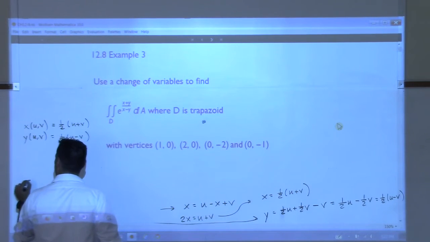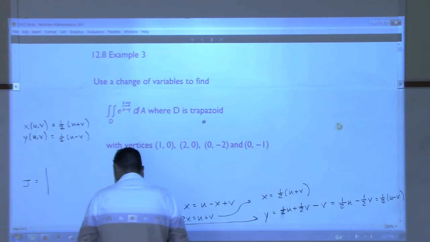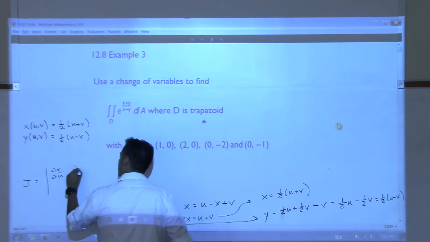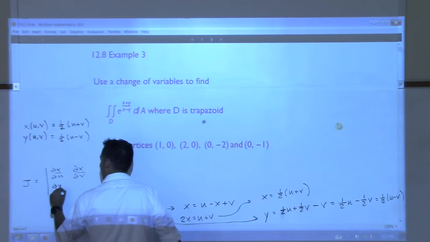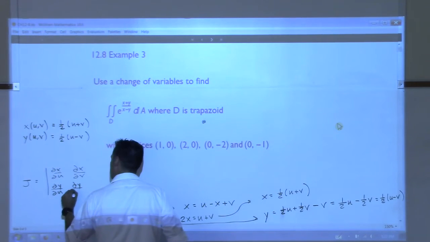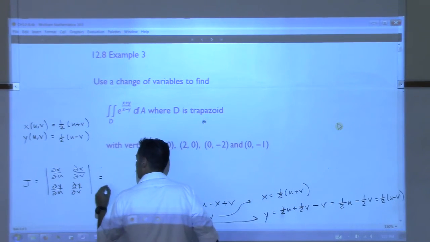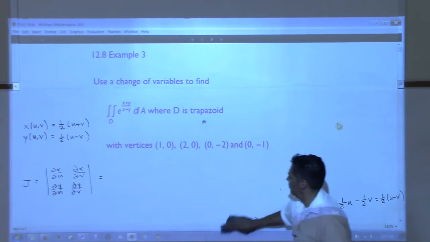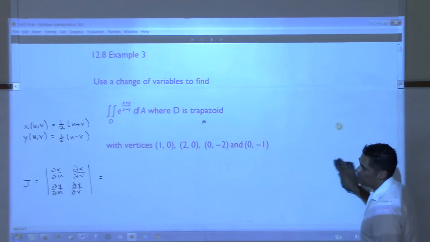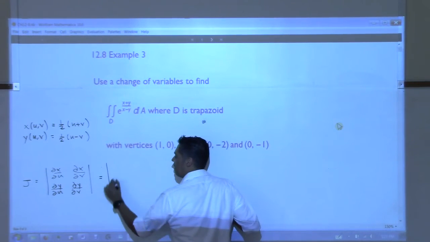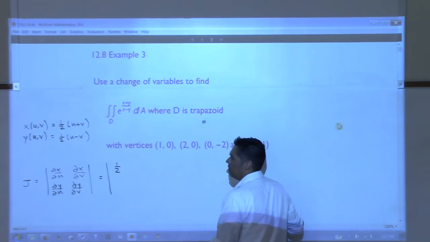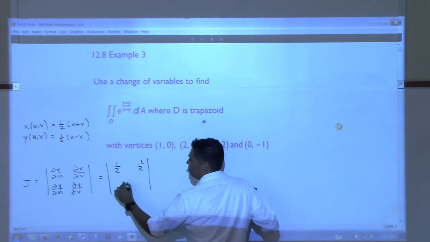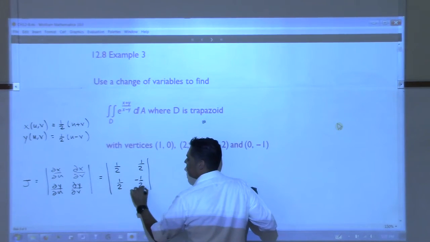Okay, the Jacobian should be partial x with respect to u, partial x with respect to v, partial y with respect to u, partial y with respect to v. So partial x with respect to u is 1/2, partial x with respect to v, half again, partial y with respect to u, 1/2, and then minus 1/2.